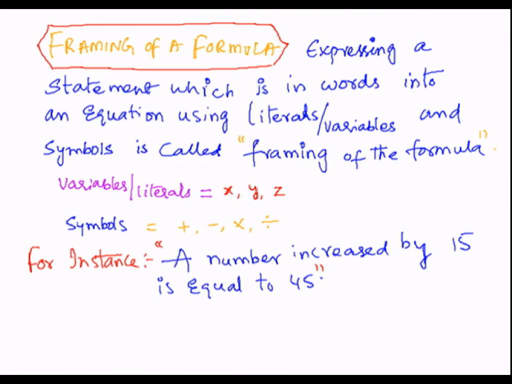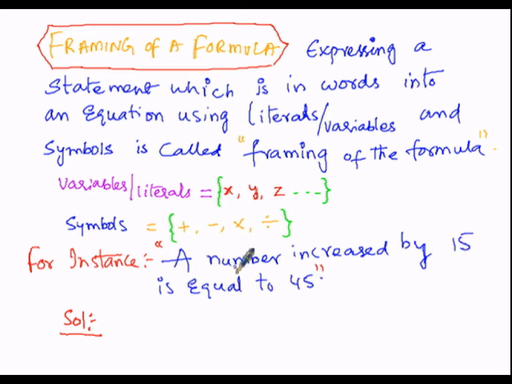So first of all, to frame a formula, we have to express this statement which is given for us in an equation form using variables x, y, z and the symbols plus, minus, into and divided by. Now the solution starts. The statement which is given for us is: a number increased by 15 is equal to 45.